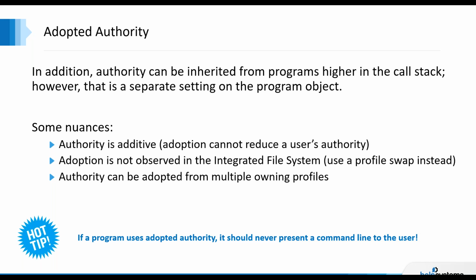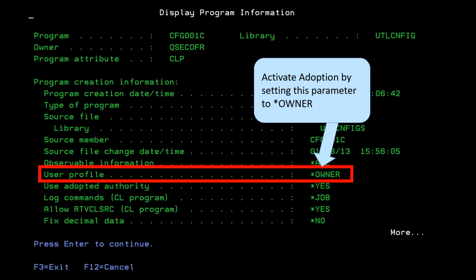So how do we turn on adoption? Well, there is a parameter on every single application object. In this case, it's a CL program, and it says USRPRF. And you can see in this example that it says *OWNER. Normally, it would say *USER, meaning that the permission is only going to be evaluated based on the user who is calling the program.